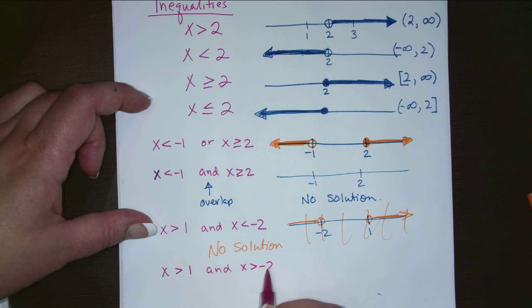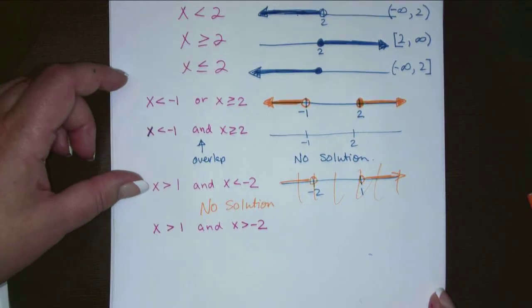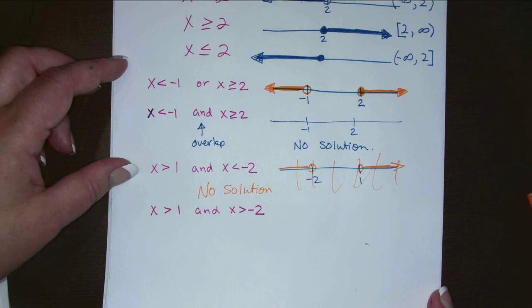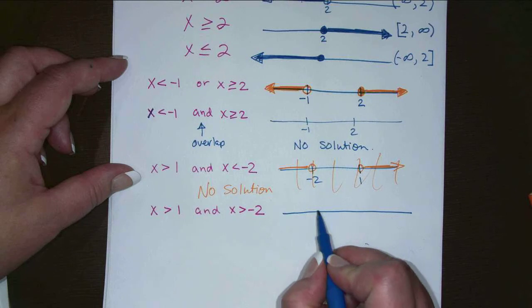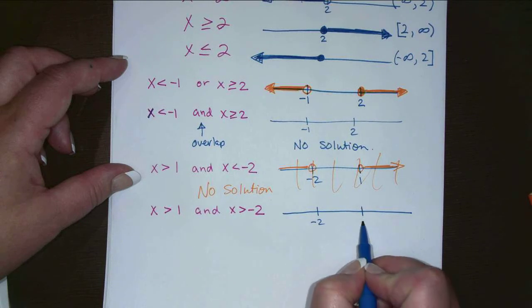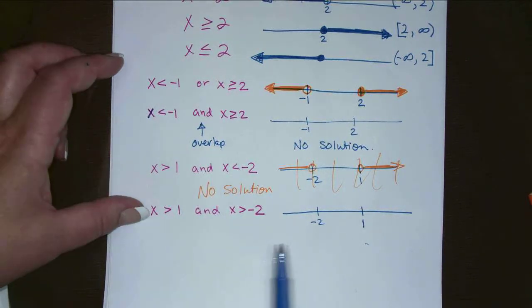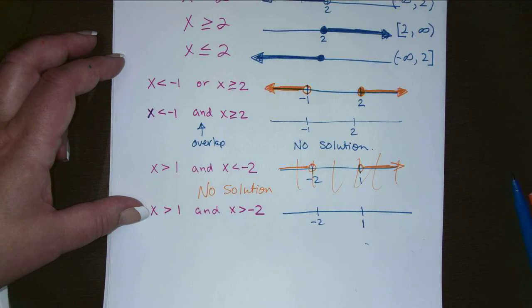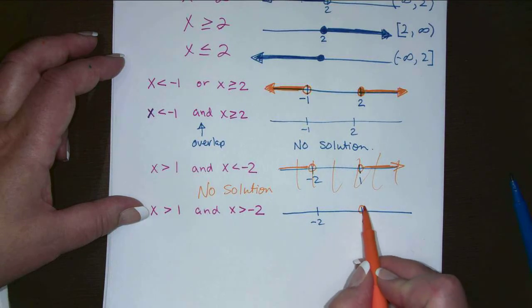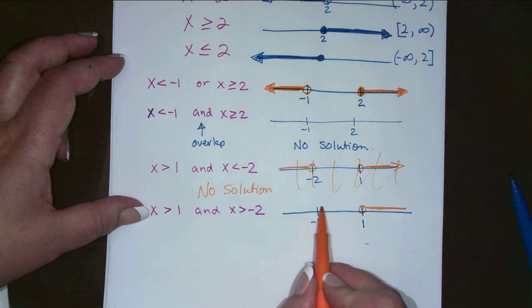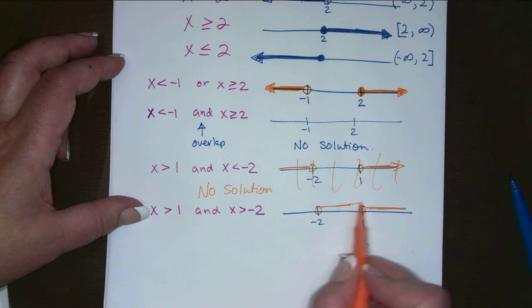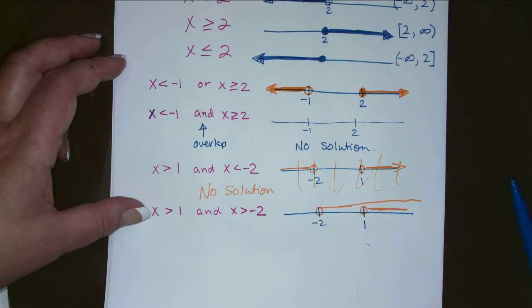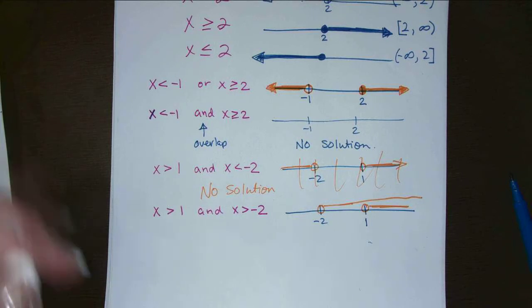So what if I change this to be x is greater than 1 and x is greater than negative 2? Negative 2 and 1. So greater than 1, and greater than negative 2. Okay? Now, is there an overlap?